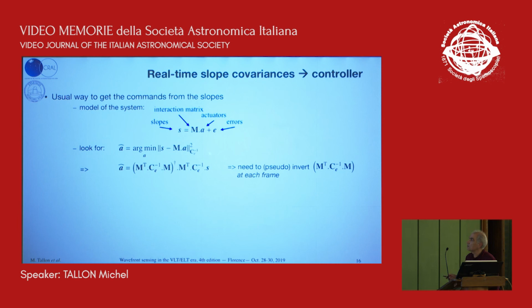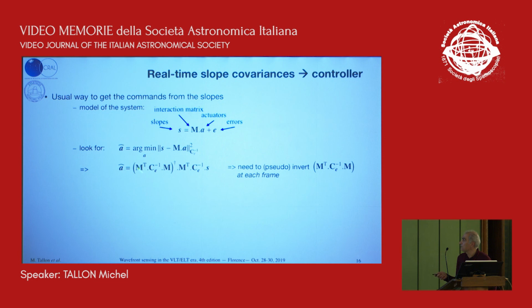Here I put the weights, taking into account the errors. Generally, people don't use that, but so it's weighted least squares here. And you end up with this estimator where you need to pseudo-invert this matrix. Usually you use SVD or truncated SVD.